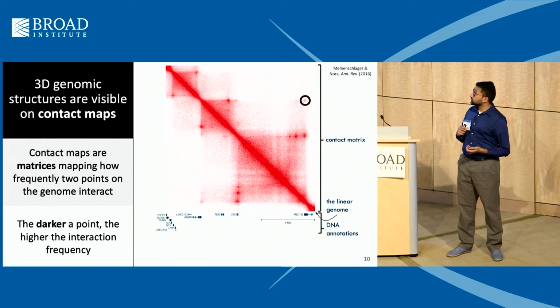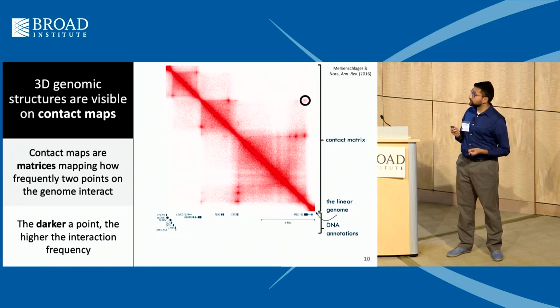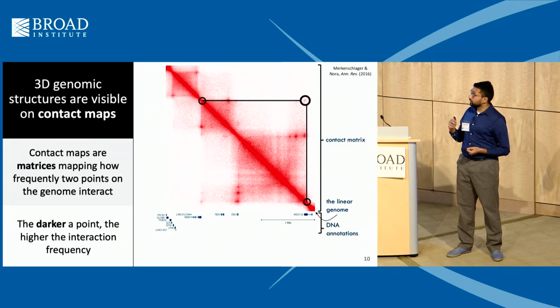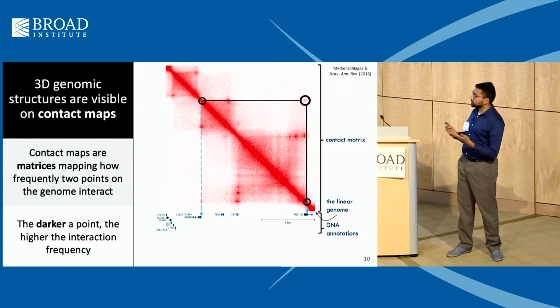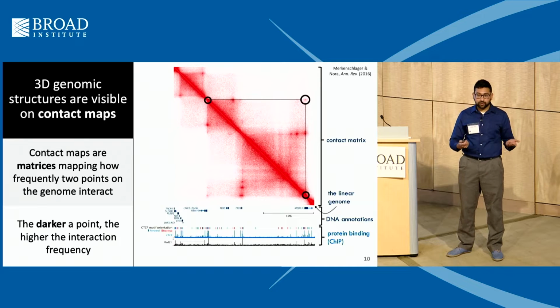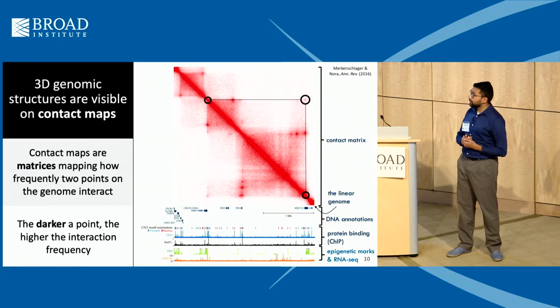And so if I want to try and understand what this enriched dot means biologically, I'll move horizontally and vertically until I hit the linear genome. From there, I can drop down to the DNA annotations, telling me that this is the interaction frequency between RBM19 and MED13L. And then I can stitch that information together with 1D genomics data sets like protein binding from ChIP data sets or epigenetic marks and RNA-seq data.